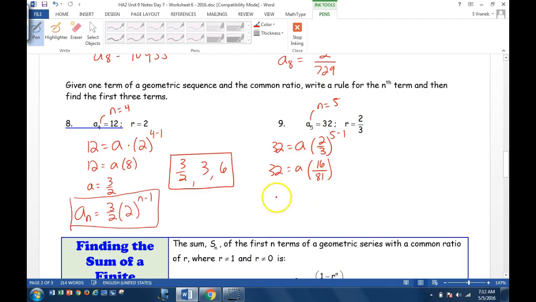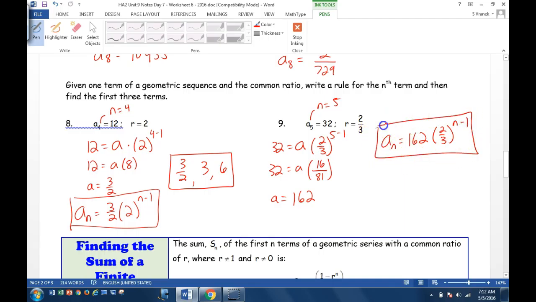So you multiply by 81 over 16, you get a is equal to 162 for the first part. So that means our nth term is 162 times the ratio to the n minus 1. And then the first 3 terms would be 162. If you multiply that by 2/3, you get down to 108, and then you get down to 72.